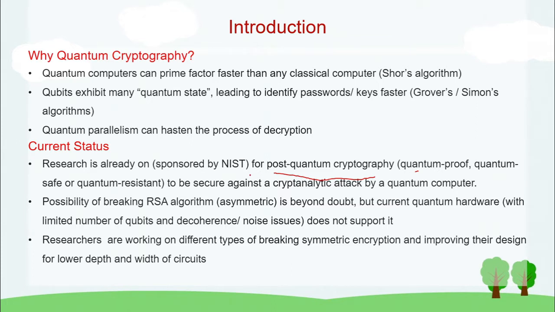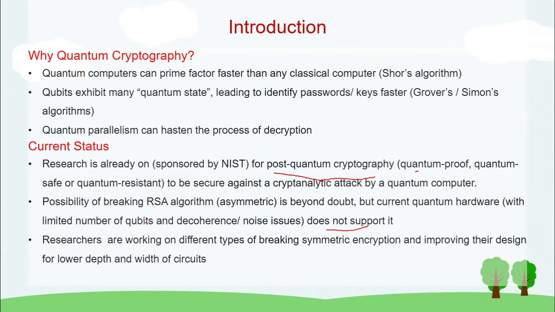But people also will argue this way. Though we accept that there is a possibility of breaking the RSA algorithm, particularly for asymmetric encipherment, the currently available quantum hardware will not support it, and we know why.